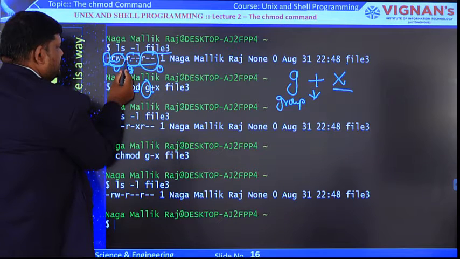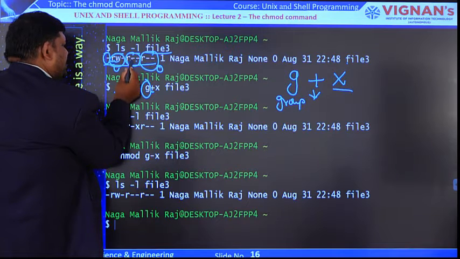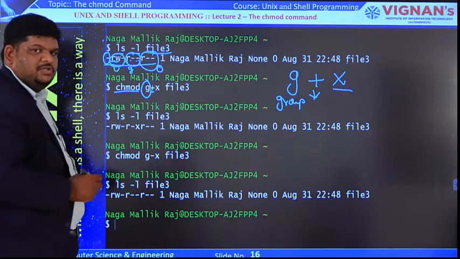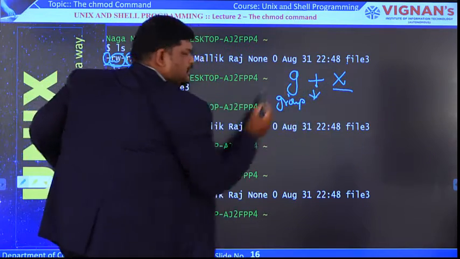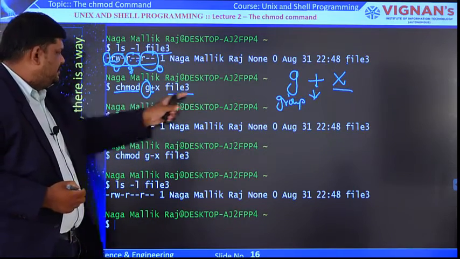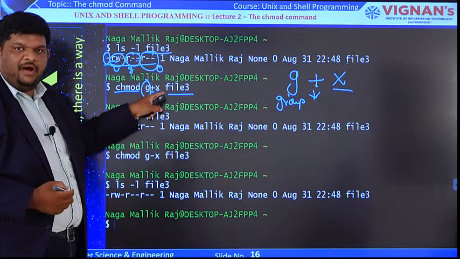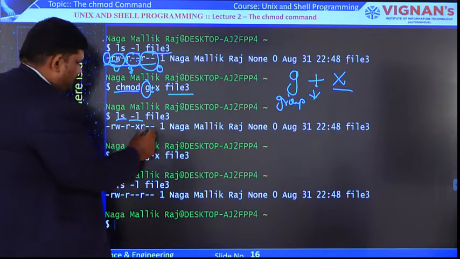If you observe here, read is there, hyphen, hyphen. In the write place, hyphen means there is no write permission. In the execute place also hyphen means there is no execute permission. So for the group we are adding execute permission. File name, enter. After that we have to check again whether that execute permission is added to the group or not. ls command, option L, file 3.